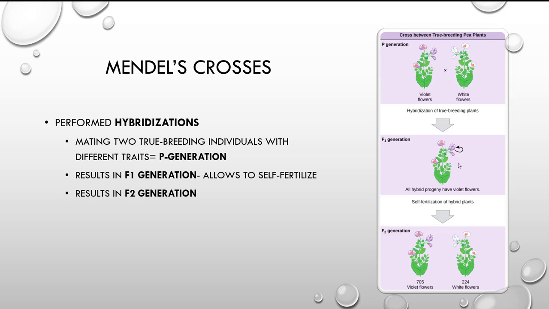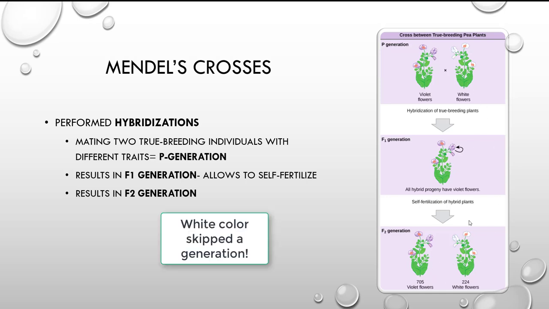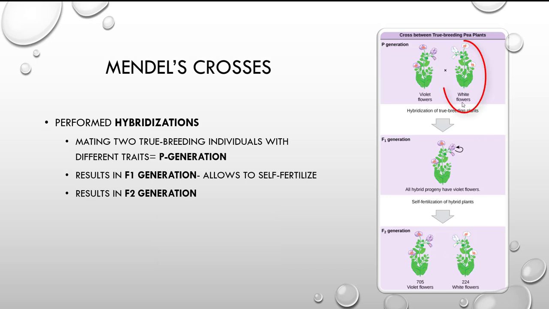So it's almost like the white color skipped a generation. You notice how the grandchildren had some white in them, but the children never had white. We can see that in the F1 generation, none of them had the white color, but the parent generation and the F2 generation showed white coloration.